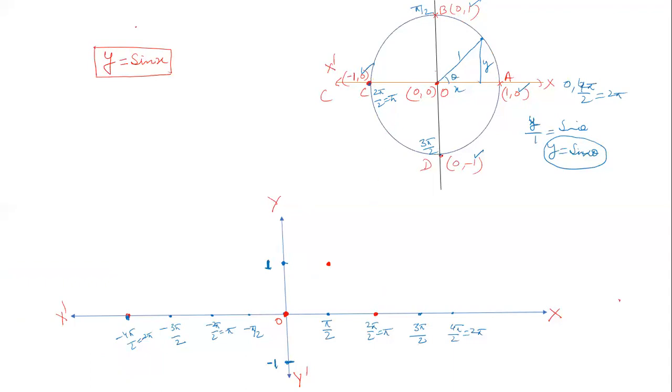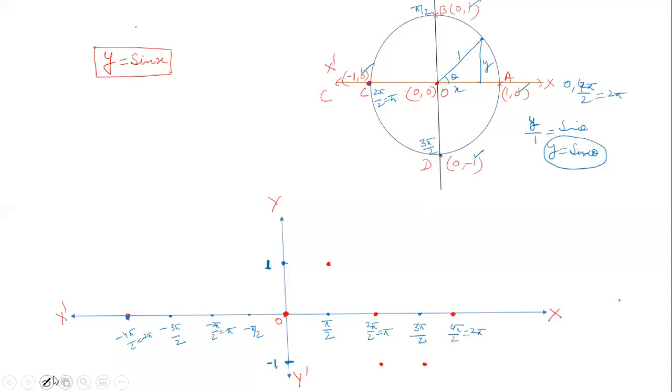When x is 3 pi by 2, y is minus 1. When x is 2 pi, y is again 0.